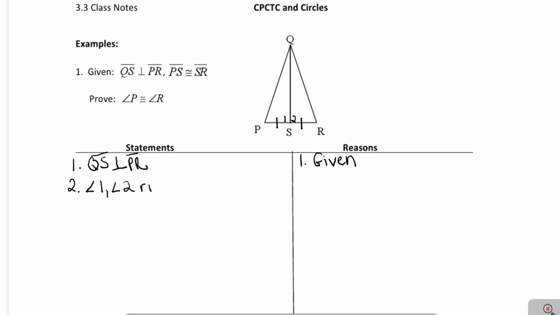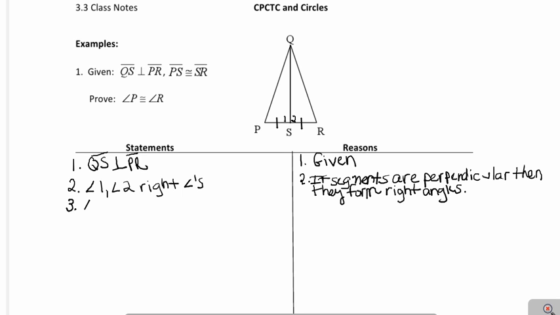To make my life easier, I'm going to put numbers on my angles. So I'll call those two angles, angles 1 and 2. And then my statement would be that angle 1 and angle 2 are right angles. The reason for this has to do with our definition of perpendicular. If two segments are perpendicular, then they form a right angle.